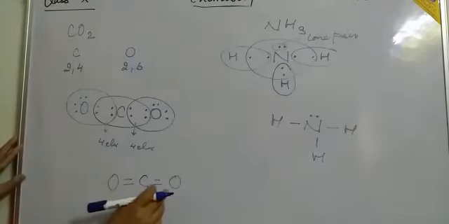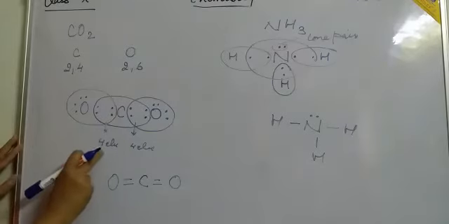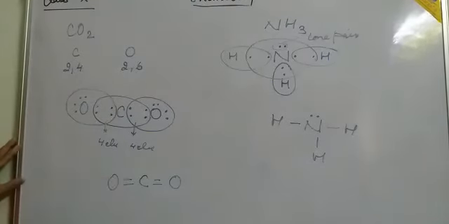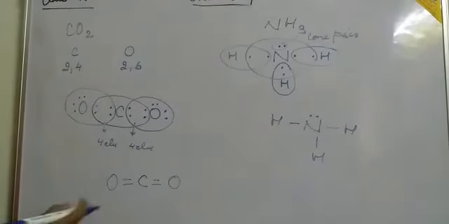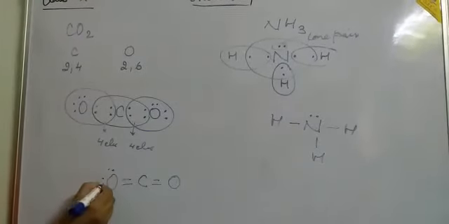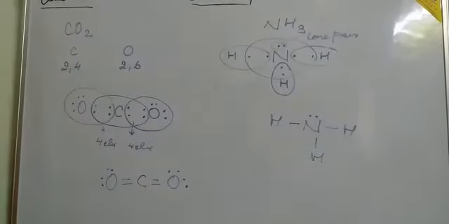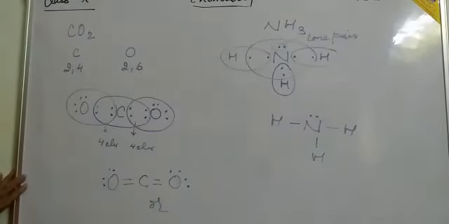Carbon double bond oxygen and carbon double bond oxygen. In both cases there are 4 electrons shared. So 4 electrons indicate that there are double covalent bonds with lone pairs. You can write also like this: C double bond O, C double bond O.